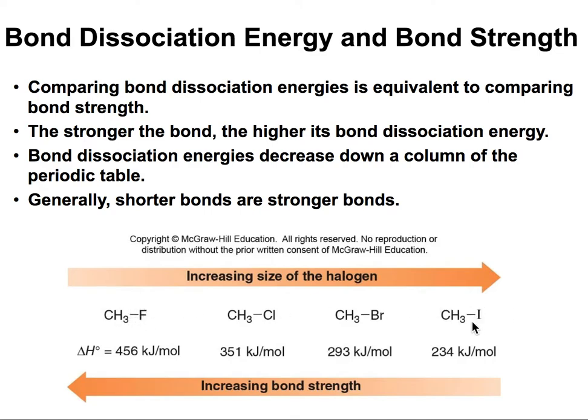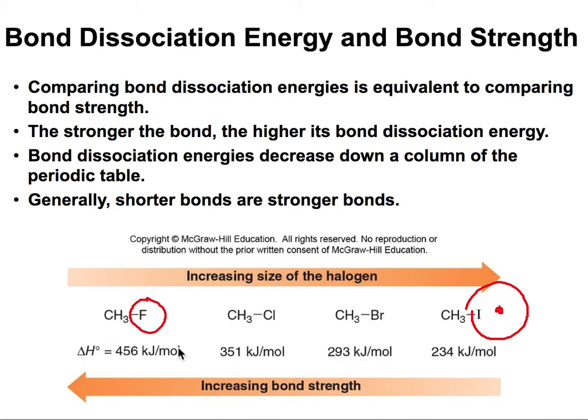However, for a bigger element like iodine, because iodine is much bigger than fluorine, the nucleus is farther away from the electrons in the bond and it cannot keep them so closely. So it's easier to break a CH3I bond than it is to break a CH3F bond.